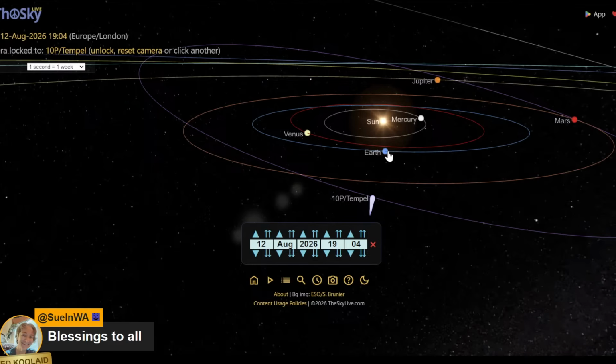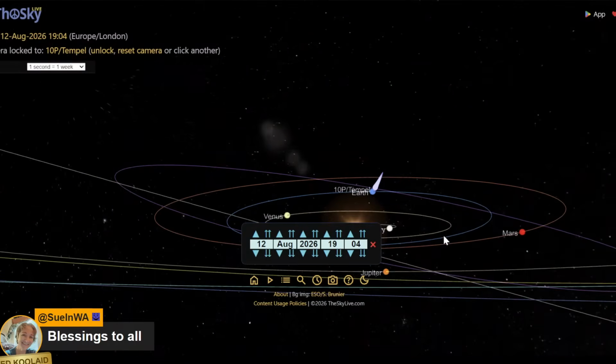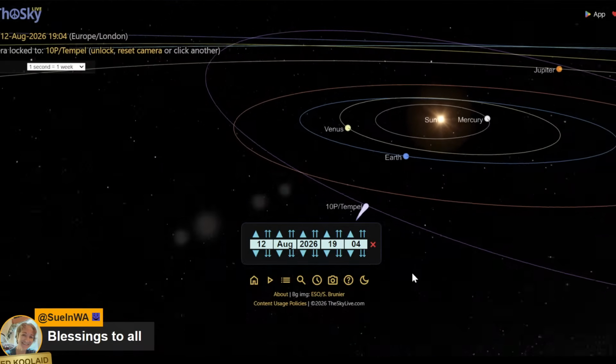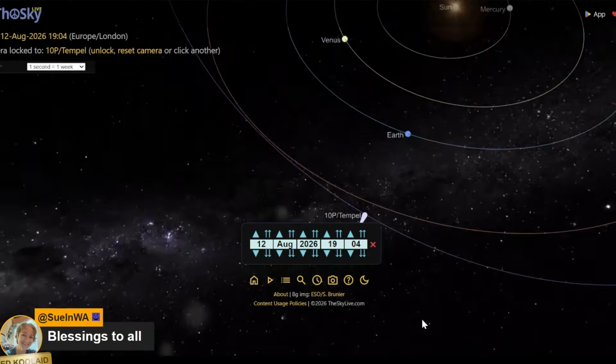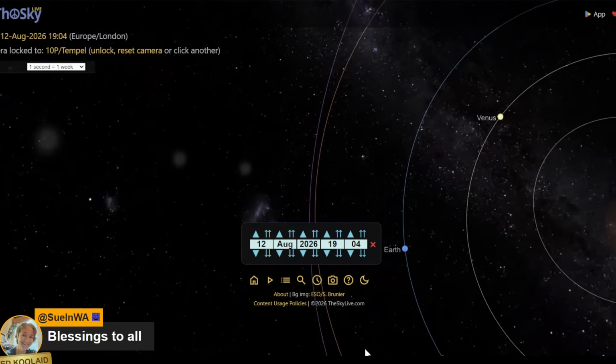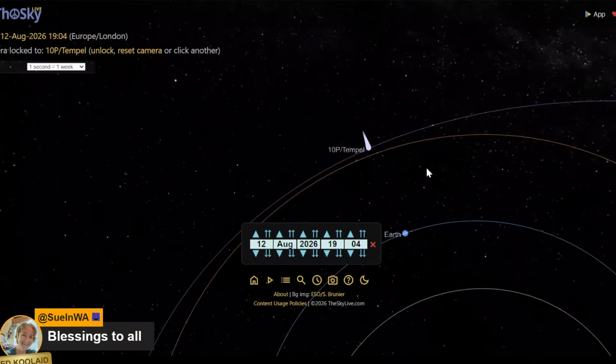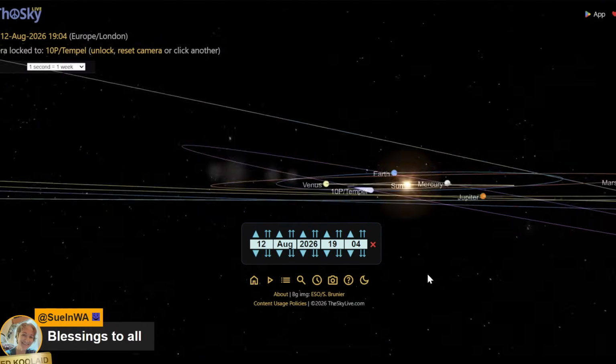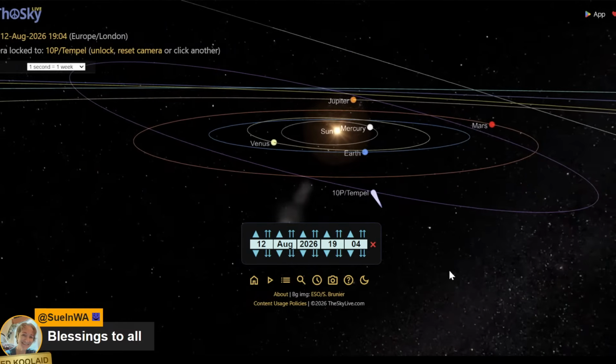Okay? Just so you know. So this is not representative of their true size, right? And you can even tell because Venus, Earth, Mercury and Jupiter are all the same size here on this map. It's not possible, right? So anyway, if you want to look at it from the top down to get a better look, you can. Or if you want to go from the bottom up, you can do whatever you want. It's a really cool little program.